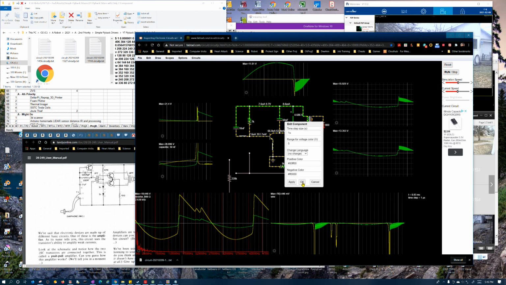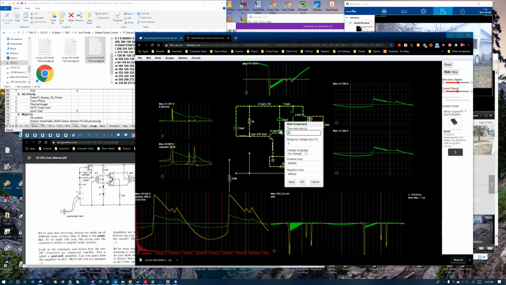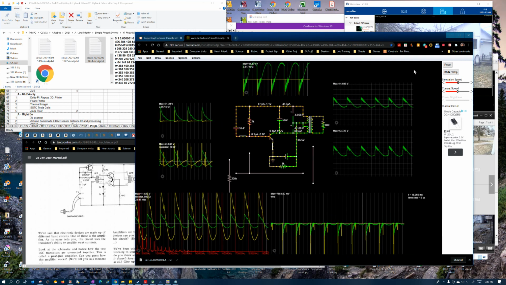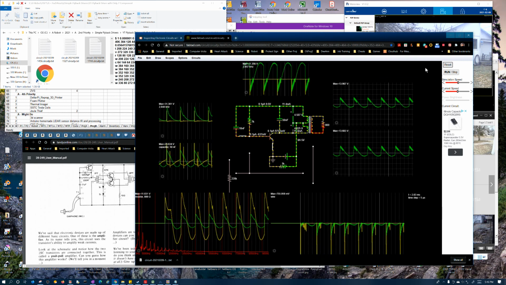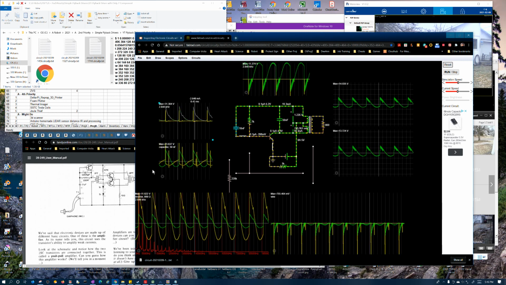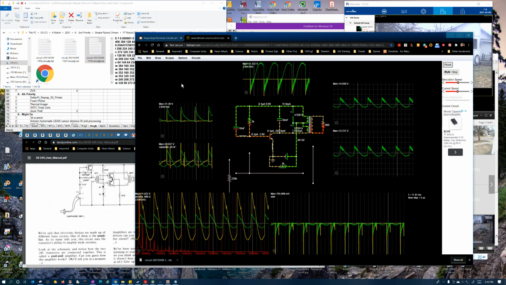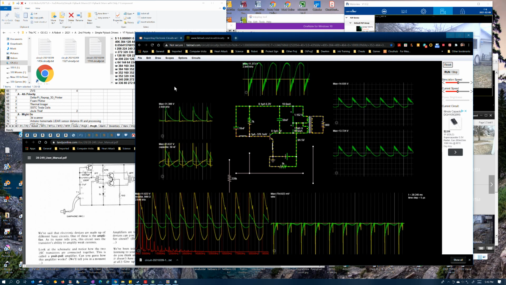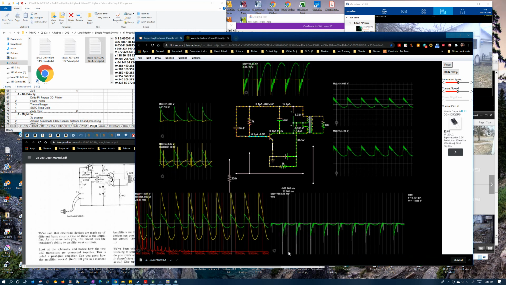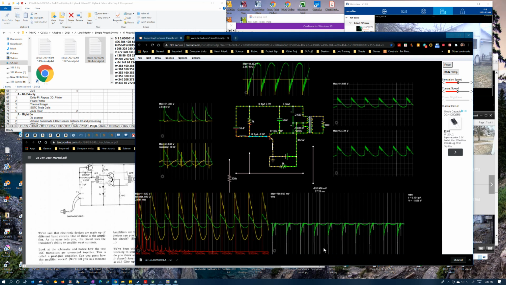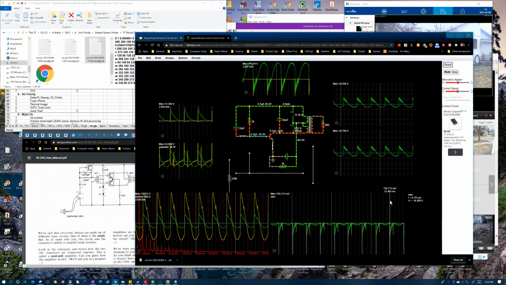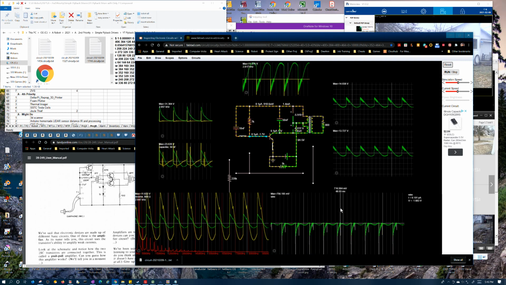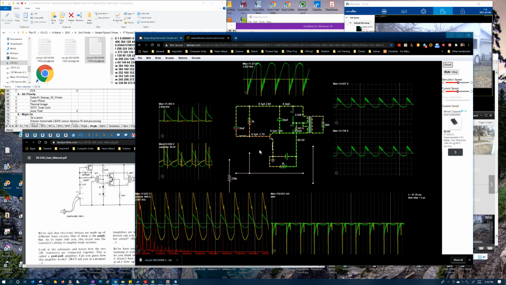But at any rate, the point is that you can kind of see what's going on. It's about a 2.8 kilohertz signal according to this, but I don't know exactly what's going on with these current spikes here, but it's not too large really.